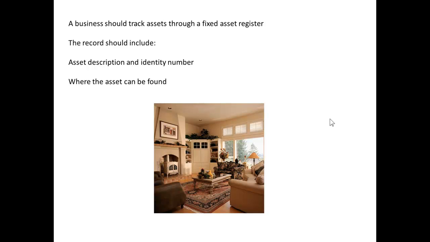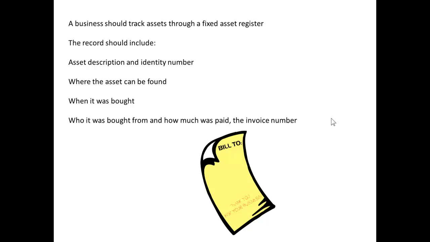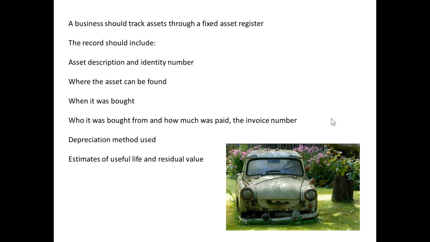We also need to know where the asset can be found, in which building, in which room in which building, and so on. We need to know when it was bought, who it was bought from, how much was paid, and the invoice number. It's also useful to know the depreciation method used and the estimates of the useful life and the residual value of the asset.